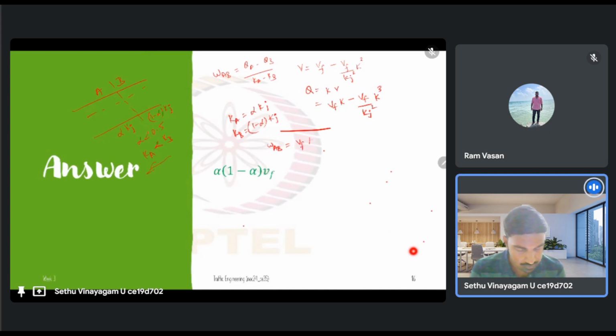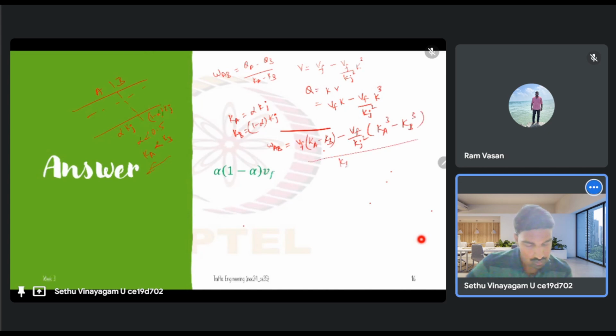So when we take the difference QA minus QB, we'll get Vf into Ka minus Kb, minus Vf by Kj squared into Ka cubed minus Kb cubed. So all divided by Ka minus Kb. Okay, so this is the speed. So let's simplify this.